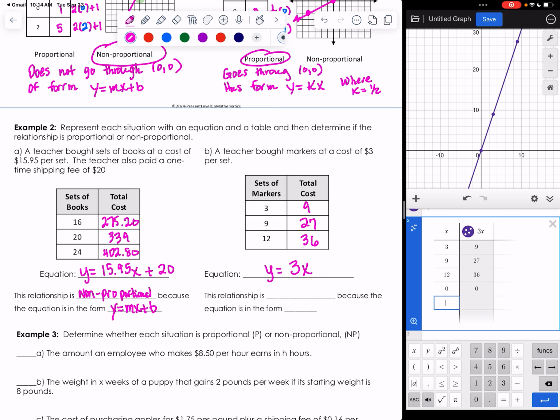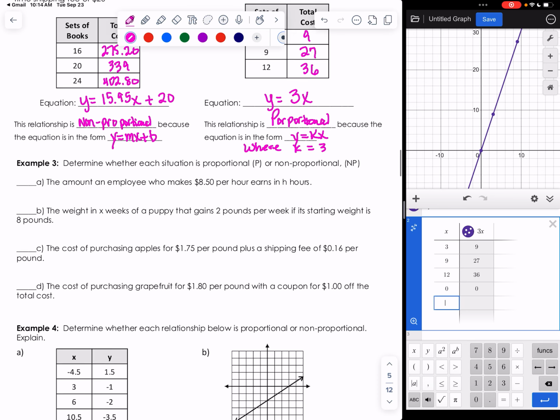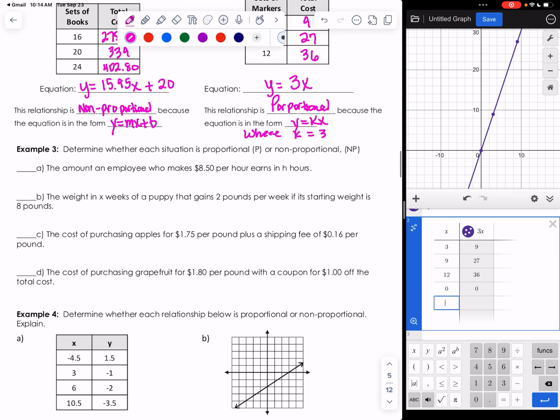Now, is this relationship proportional or non-proportional? So if you look at your table over here, we can see that it does go through 0, 0. So this is proportional because our graph is of the form y equals kx, where k is equal to 3. All right, example 3. Determine whether each situation is proportional, P, or non-proportional, NP.